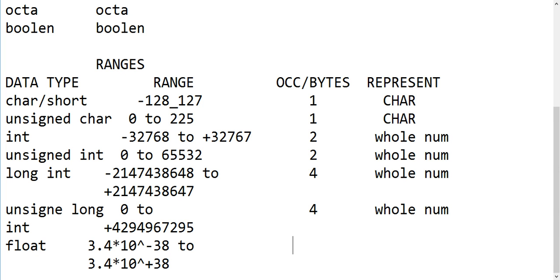It occupies 4 bytes and it represents a fractional value.